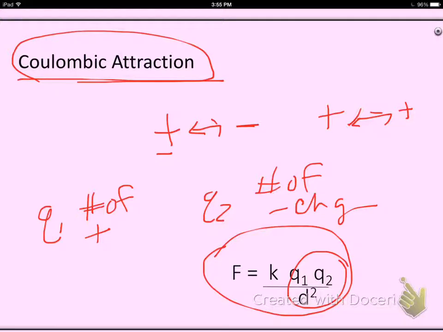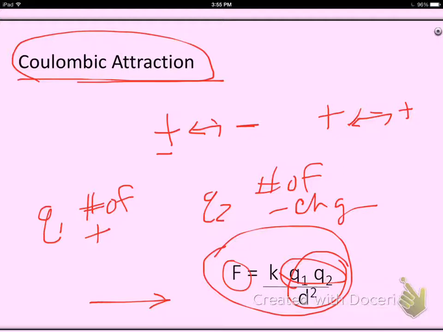So the more protons and electrons, the greater the numerator is and the greater the force of attraction. The other interesting thing here is that the denominator is the distance squared.